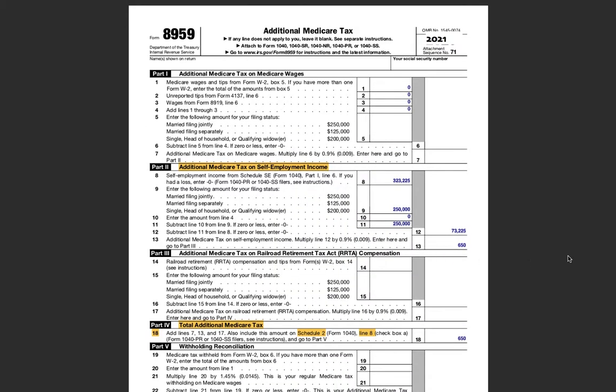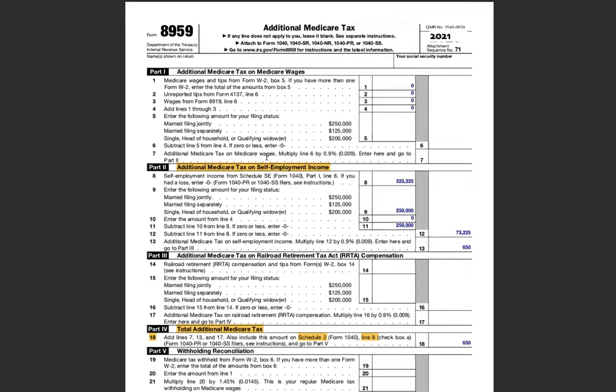When your net earnings from self-employment are more than $250,000 in 2021, married filing jointly, in this case you have to file additional Medicare tax, which is with this form, 8959.